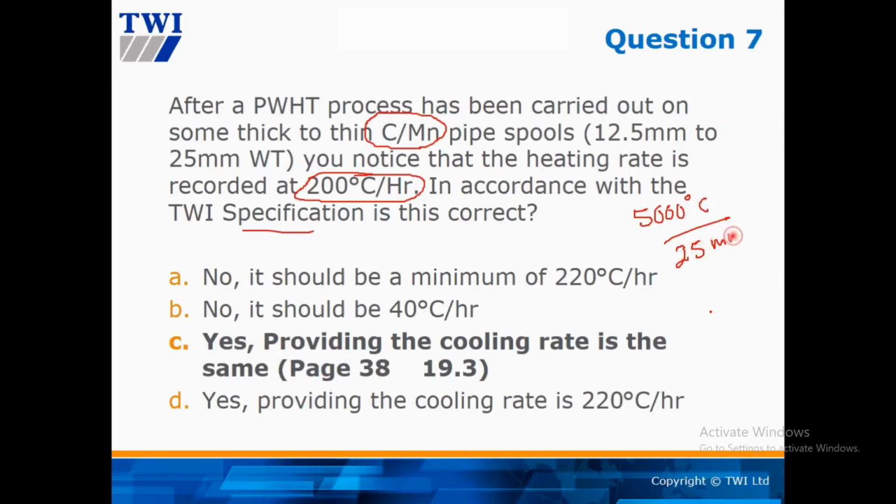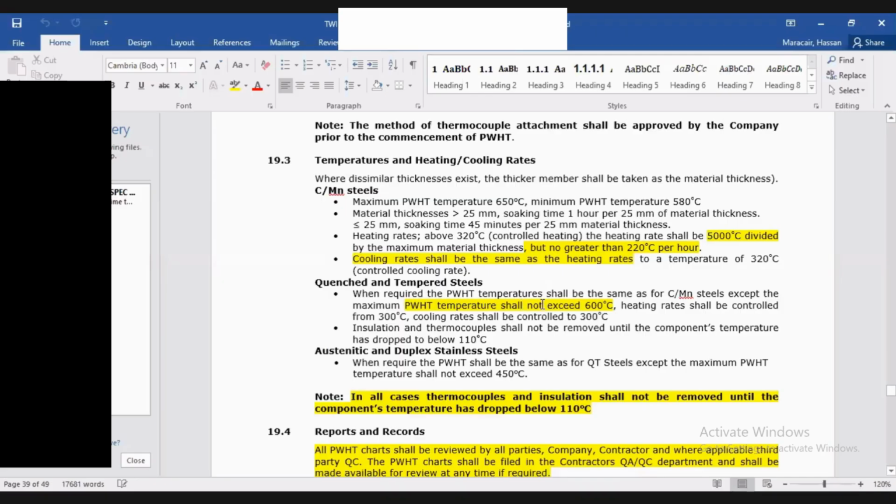Then we got roughly about 200° C per hour. But in our spec mentioned maximum 220. In our spec mentioned not greater than, meaning maximum is 220° C. So that is what they want.